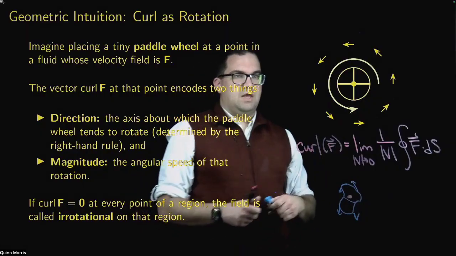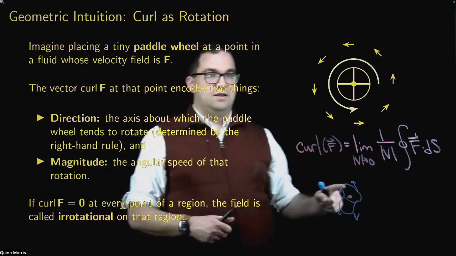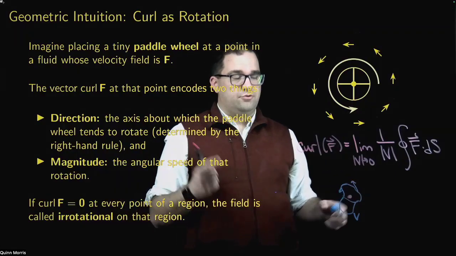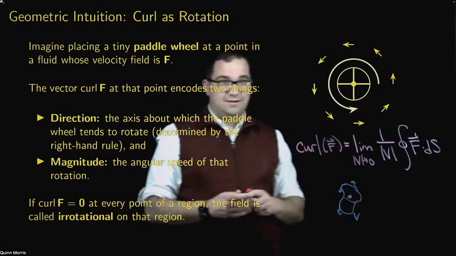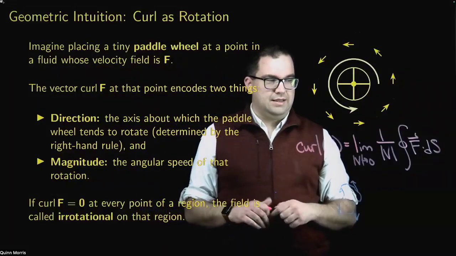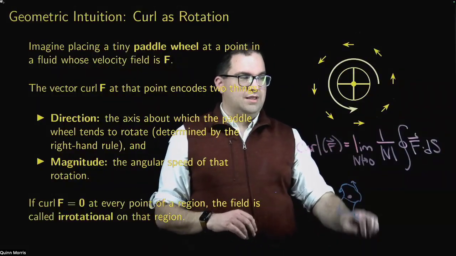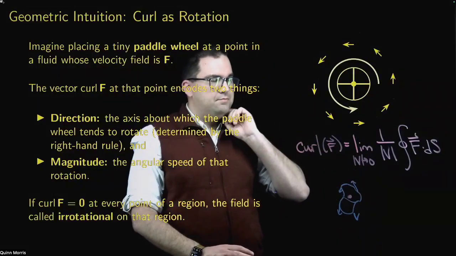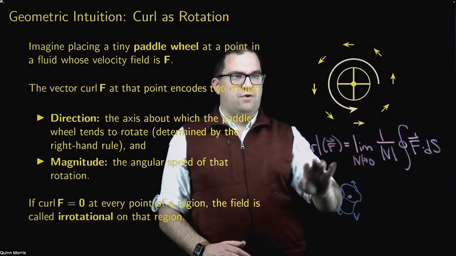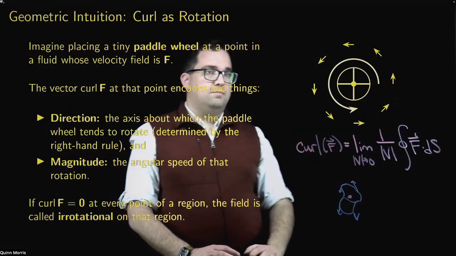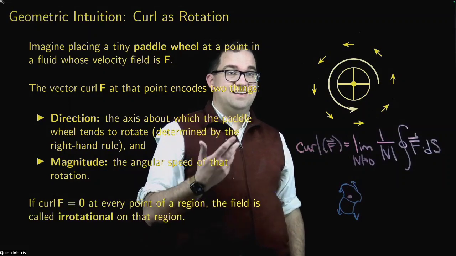Now, this is another way of defining it. To show that this is equivalent to the other definition is fairly technical, and so we're not going to get into that. But this is actually another really helpful way of thinking about it. In fact, this gives rise to the notion of curl being what we call a circulation density.